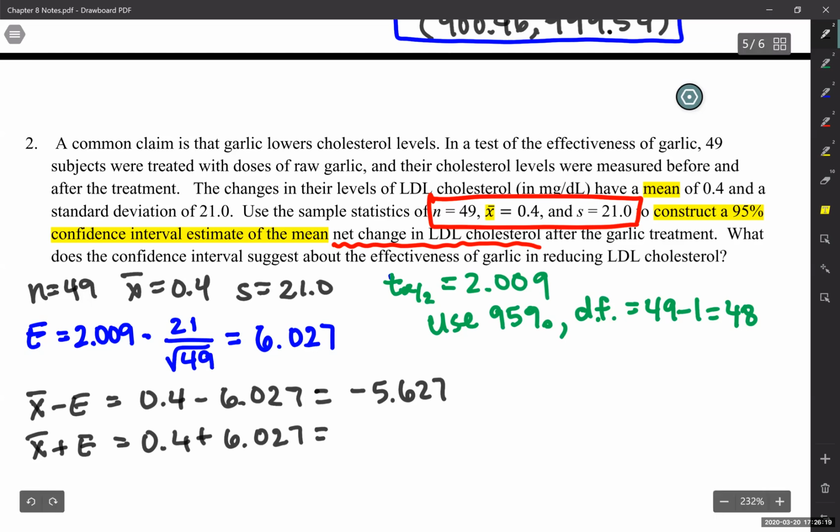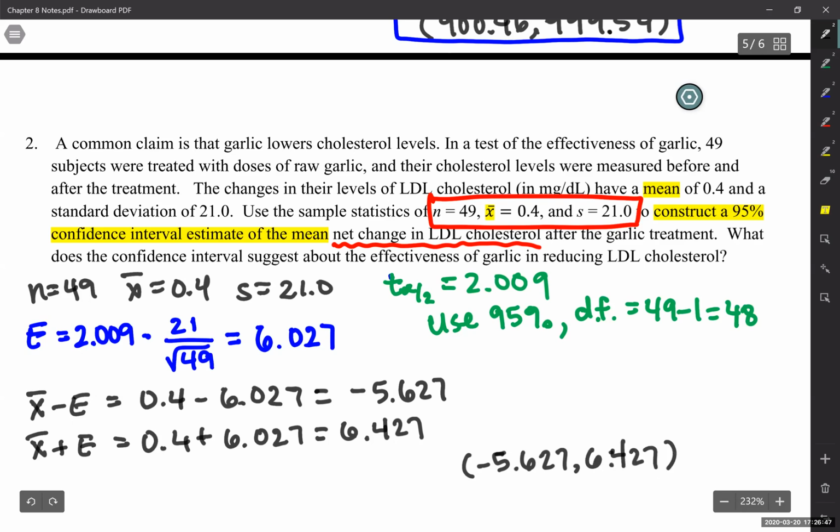Whereas my upper limit, I'm adding the numbers, 6.427. That means the person's cholesterol went up by 6 points. So it did something between going down 5 points and going up 6 points. And we are 95% confident in that. So writing our interval, the smaller number on the left and the bigger number on the right.